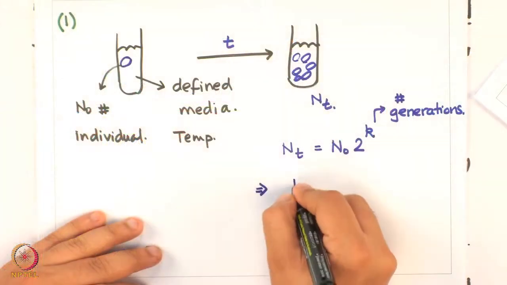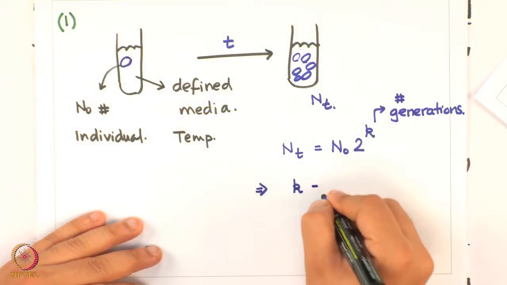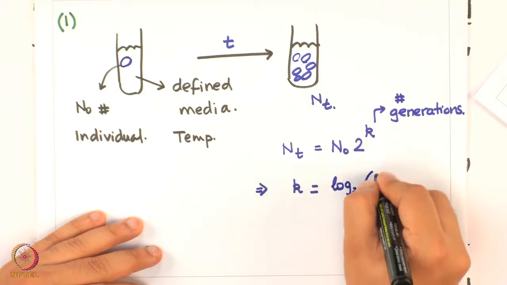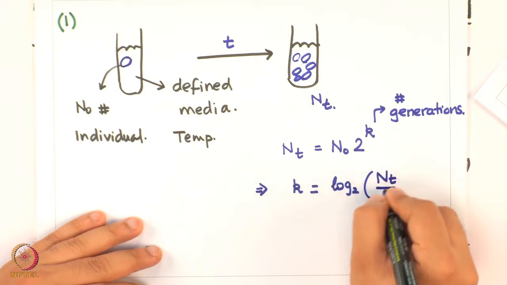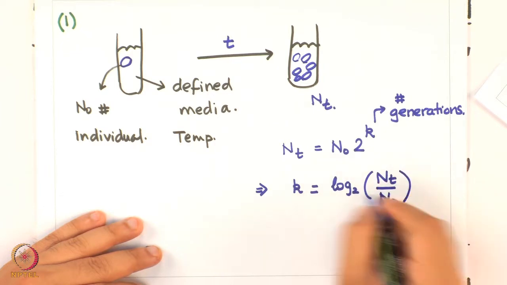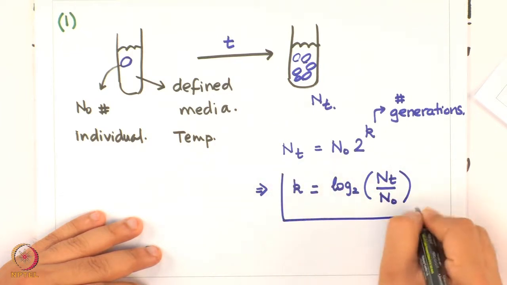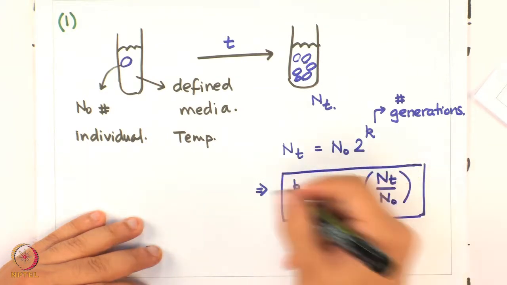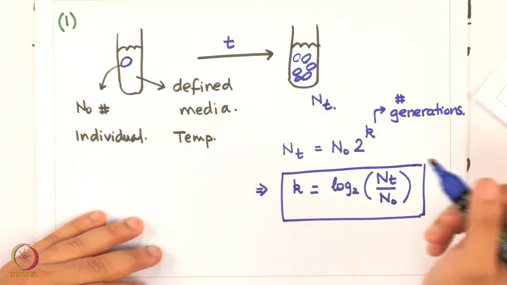And you can just manipulate this a little bit and get k is equal to log 2 of nt divided by n naught. So, you get the number of generations that the bacterium goes through via division in this time t.